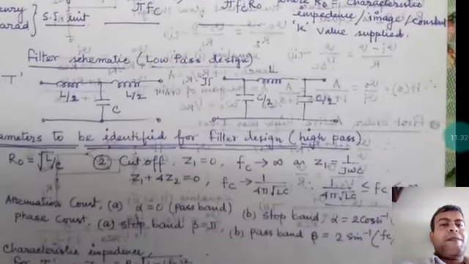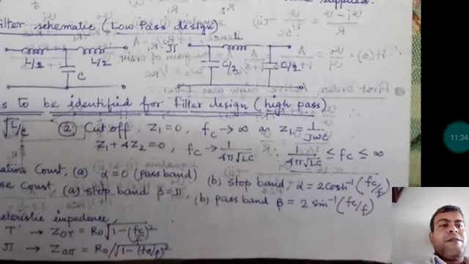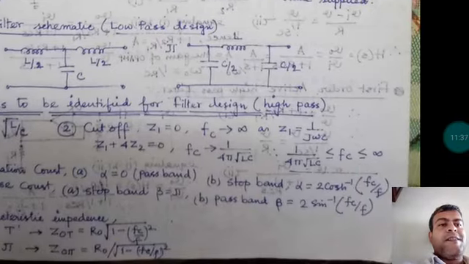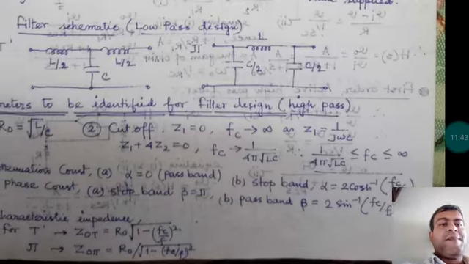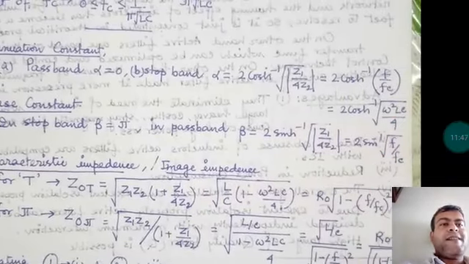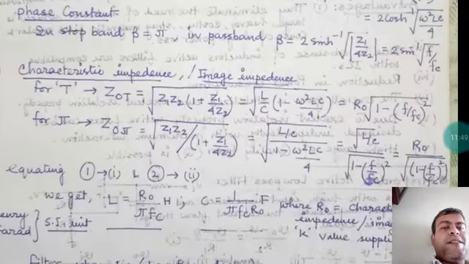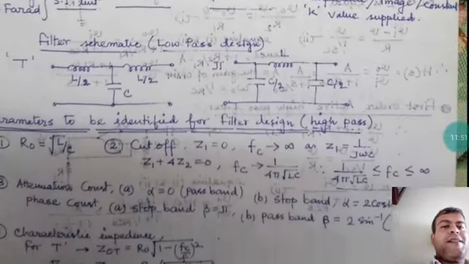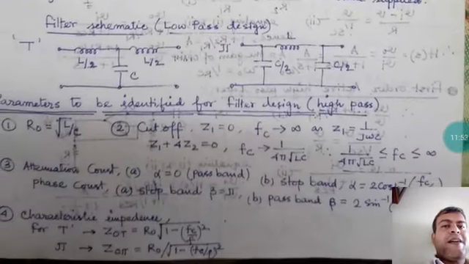For the high pass it is cos inverse fc by f, and beta equals 2 sin inverse fc by f, whereas the beta for the low pass is f by fc. So just the reverse of this. Alpha and beta are just reversed in the case of the high pass and low pass filter.